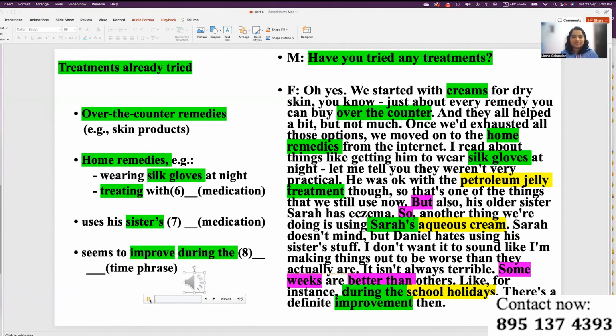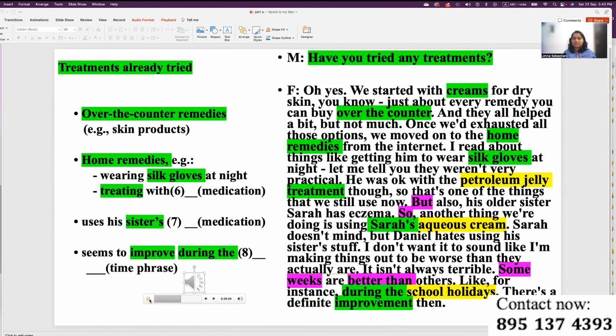Have you tried any treatments? Oh, yes. We started with creams for dry skin, just about every remedy you can buy over the counter. And they all helped a bit, but not much. And once we'd exhausted all those options, we moved on to the home remedies from the internet. I read about things like getting him to wear silk gloves at night. Let me tell you, they weren't very practical. Yes. And he was okay with the petroleum jelly treatment, though, so that's one of the things that we still use now.